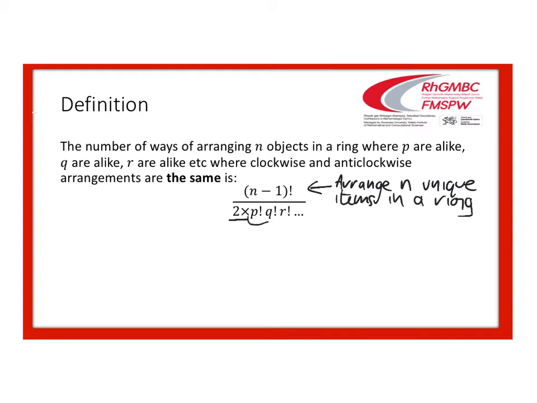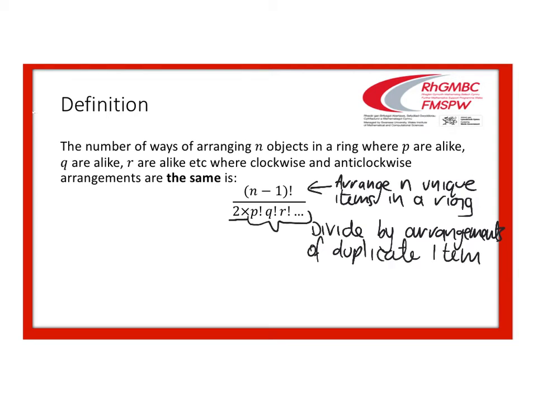And then the p factorial times q factorial times r factorial comes through from dividing by the number of arrangements of duplicate items.